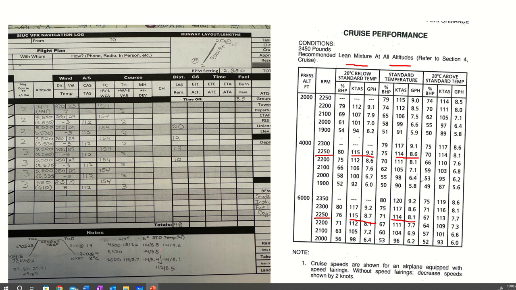So be careful here because the values are a little bit different than we're used to. We're used to seeing for a lower temperature, the value is less, right? But here, the 9.2 at 20 below is greater than the standard at 8.6. So we still want to follow the rule of adding to the lesser value. So in this case, it belongs to the standard temperature.